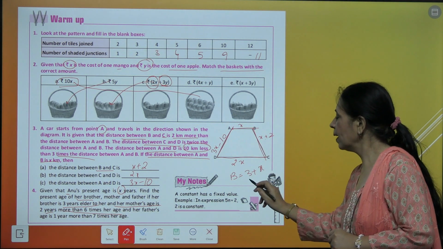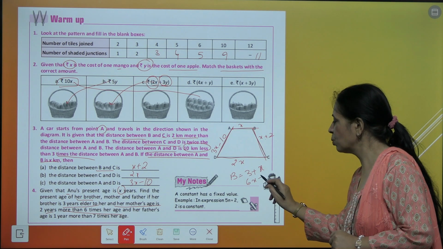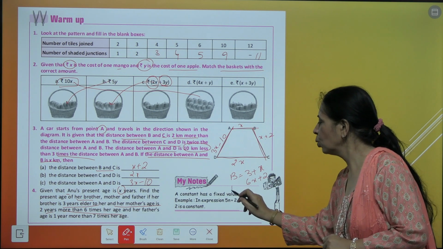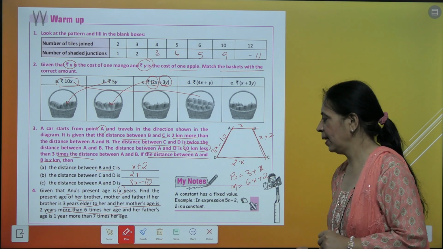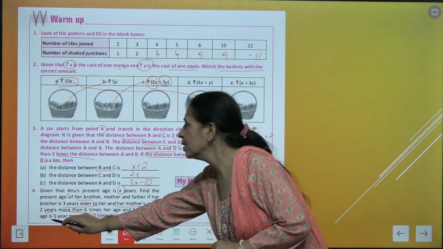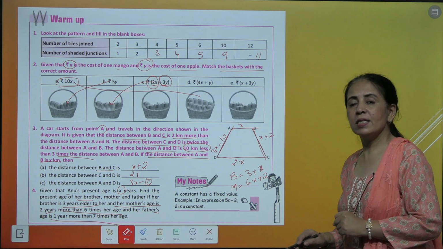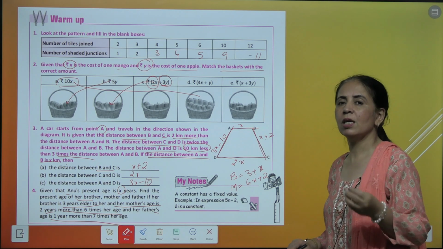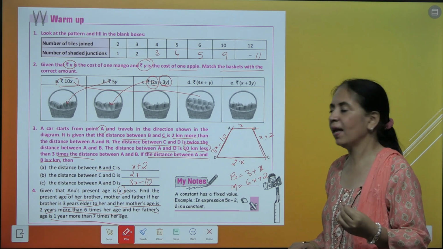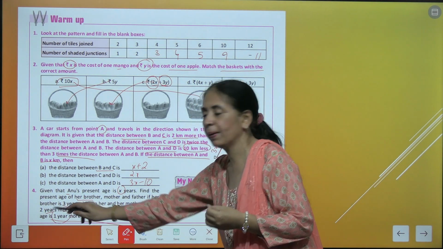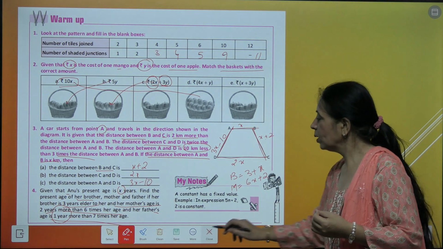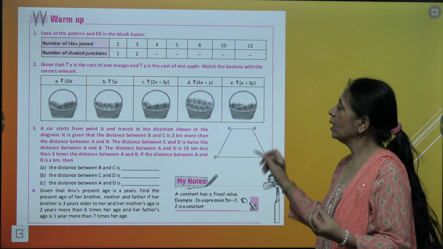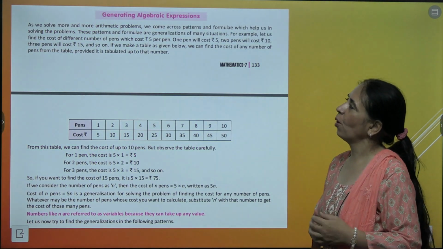So we add 2 to 6 times her age, and that is the mother's age. And father's age is 1 year more than 7 times her age. Now 7 times means 7x, so the father's age is 7x and 1 more, meaning plus 1. So this way you can solve different variety of problems.